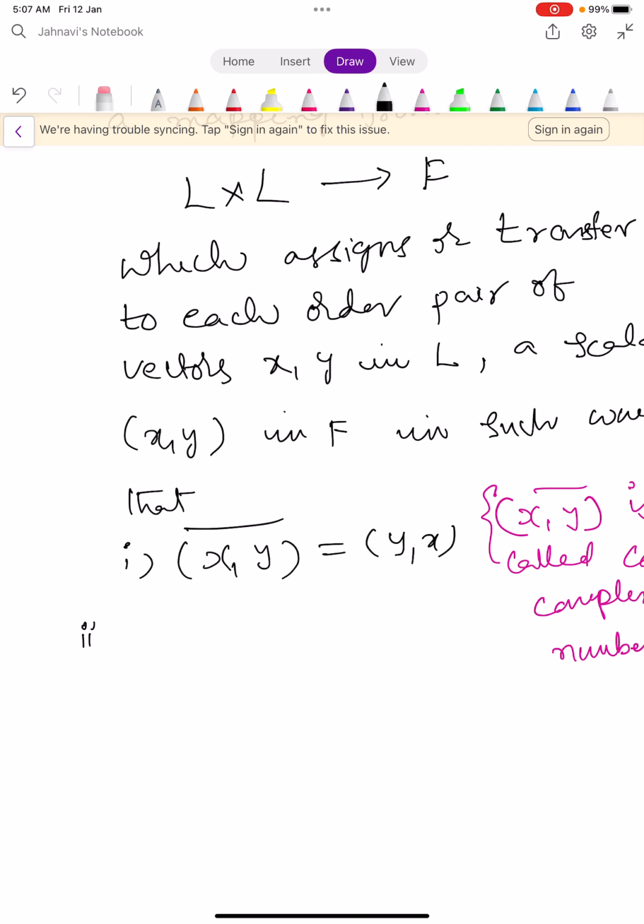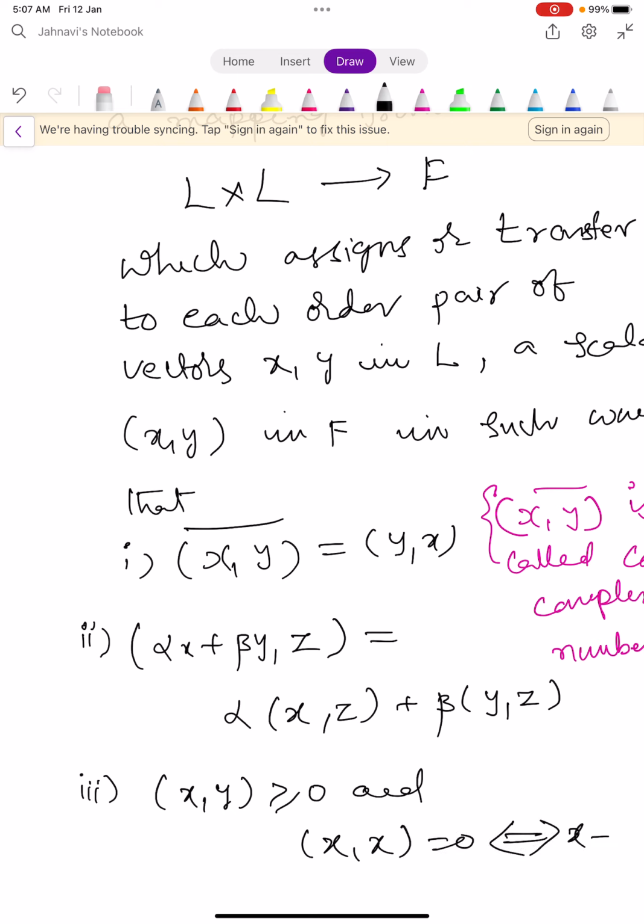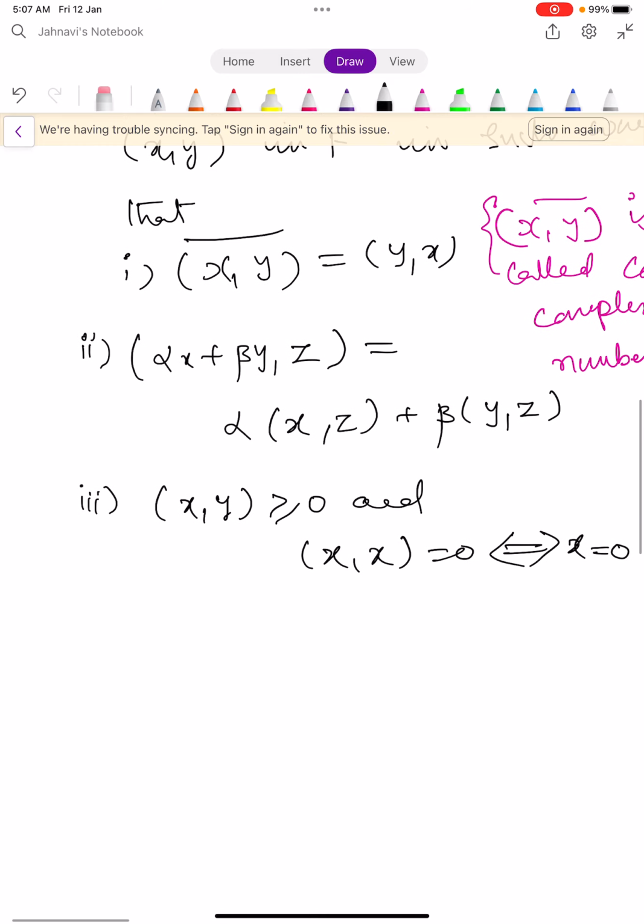And the second condition: (alpha x plus beta y, z) is equal to alpha into (x, z) plus beta into (y, z). And the third one: the ordered pair (x, x) is greater than or equal to 0, and (x, x) is equal to 0 if and only if x is equal to 0, for x, y, z belonging to the linear space L and alpha, beta belonging to capital F.